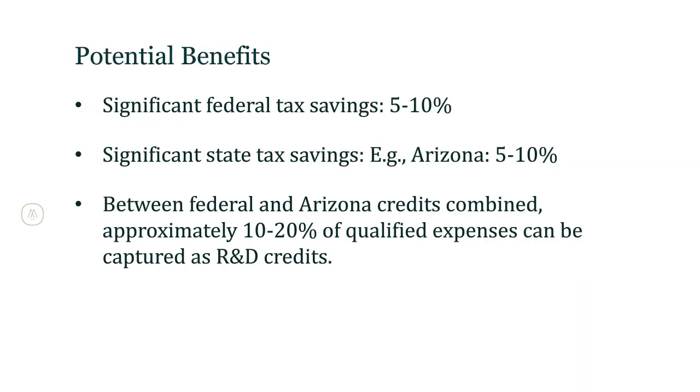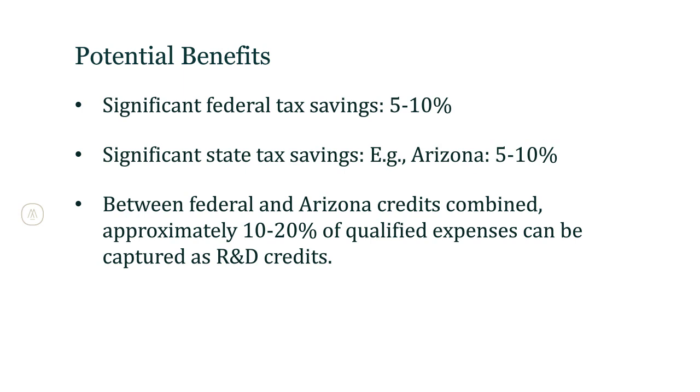Thanks, Peter. So as Peter mentioned, very, very significant both on the federal and the state. We're going to be primarily focusing on the Arizona credit as a state, but most states do have it, and we'll be talking a little bit more about that. But on the federal side, typically the math is not overly complex, but it's hard to give a specific number. But typically it's right around 5 to 10% of the qualified research expenditures qualify for this tax credit.